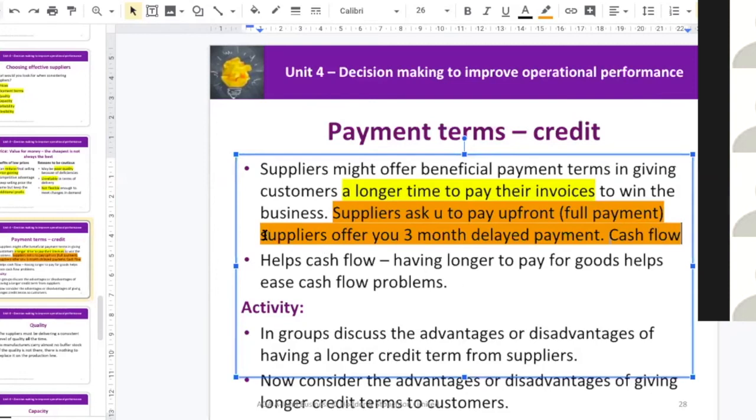But most companies, let's not generalize, most companies prefer a delayed payment so they can keep their cash flow running. If you're running your company, do you want to pay everything upfront, or do you want to have a delayed payment?